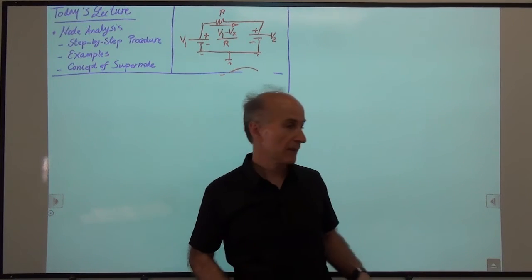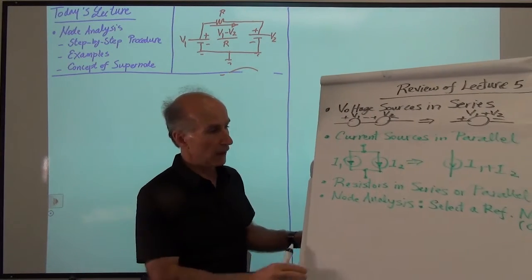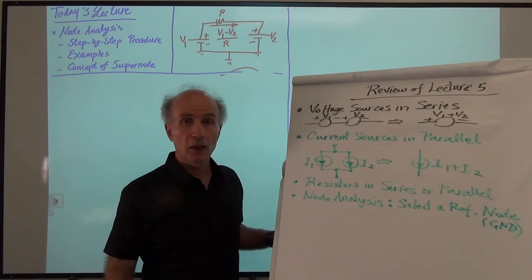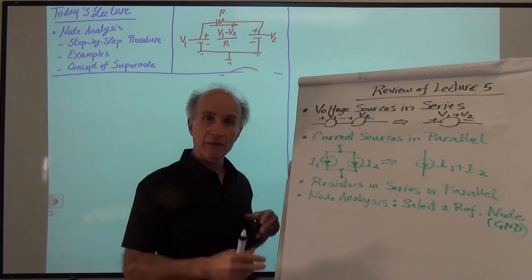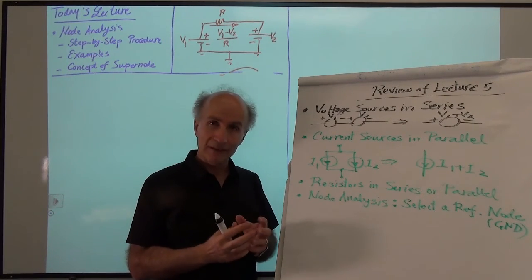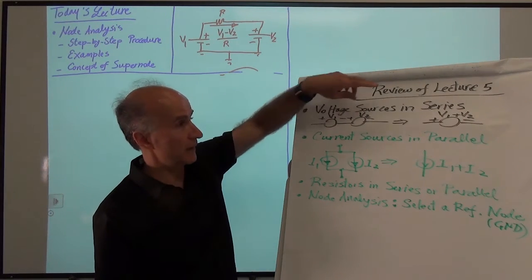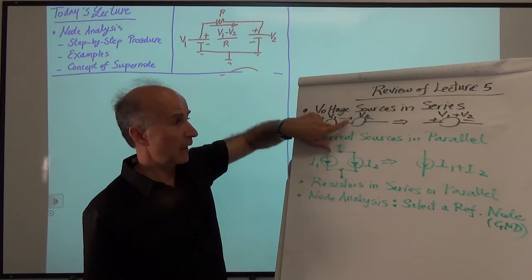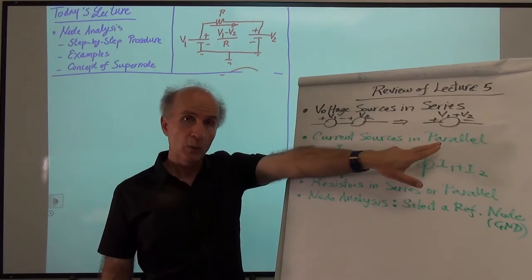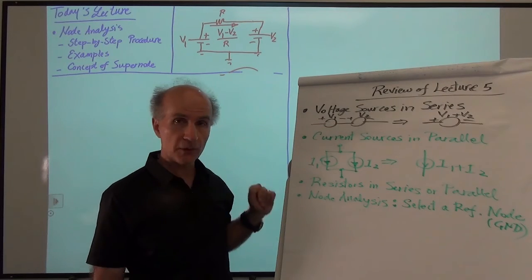But before we go there, let's take a look at what we covered last time. In lecture number 5, we looked at various ways of simplifying a circuit by identifying familiar structures. For example, if we have voltage sources in series, then we can merge them into one, which is equal to the algebraic sum of these two voltage sources.